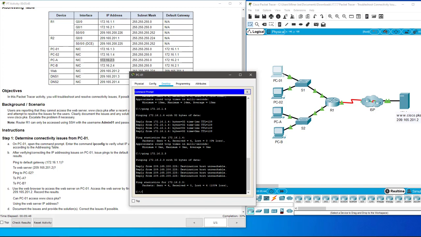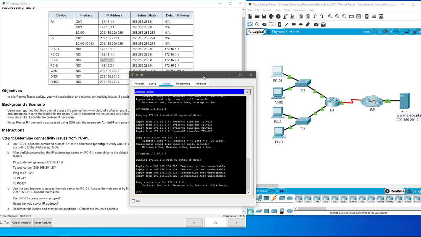We're getting an incorrect path, and this path is going all the way down here, then bouncing back and saying, I don't know where that network is. So for whatever reason, the 172.16.2 network, which should be on router 1, is getting forwarded to the ISP router, and then it's coming back to you.